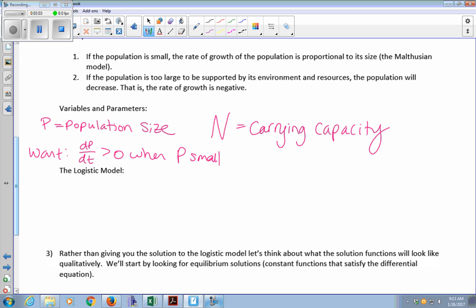I want it to be approximately 0 when P is approximately N, so once it hits the carrying capacity, it'll just stay there. And I want it to be negative when P is bigger than N. When the population goes over the carrying capacity, I need the rate of growth to be negative, to decrease. So I have to write an equation that captures those three pieces.